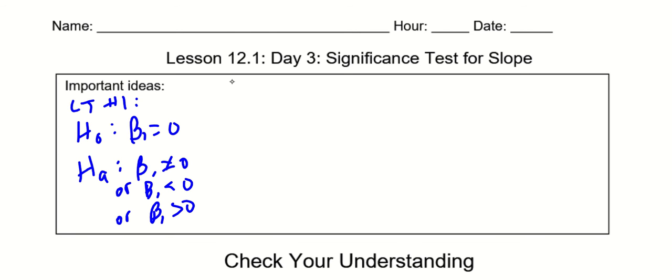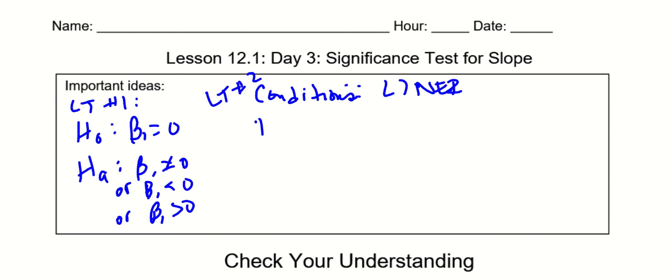As far as our test goes, our conditions, so this is learning target number 2. Conditions are linear, and you have those in notes already. Our do is a 1 sample t-test for slope.